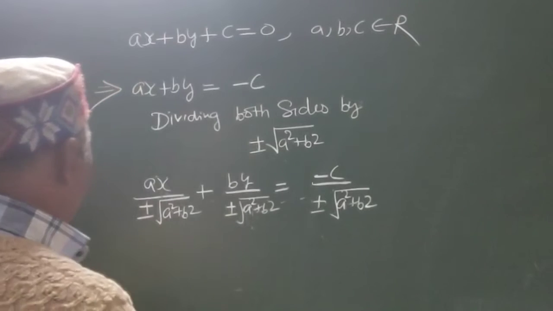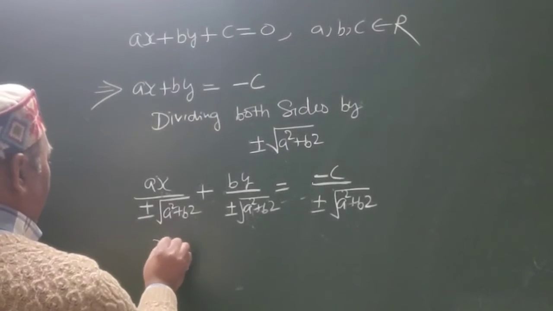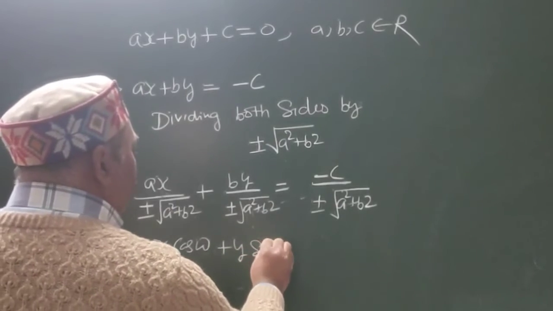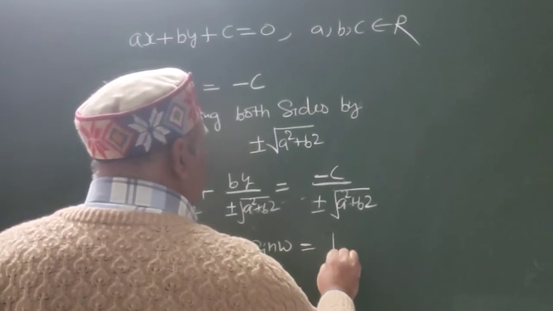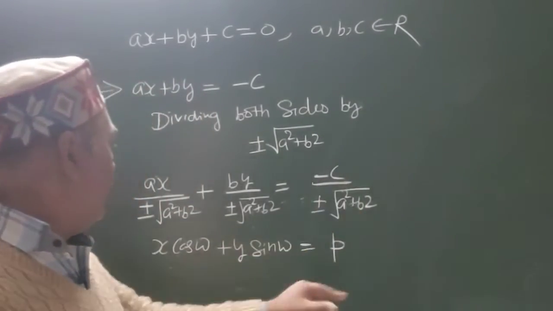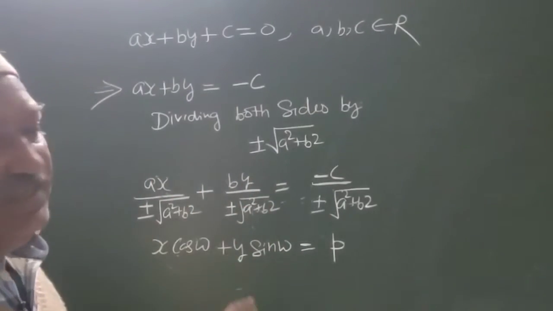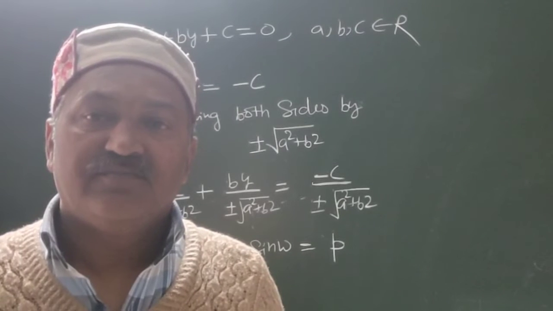And this is cos omega, which is of the form of x into cos omega plus y into sin omega is equal to p, where p is this and sin omega is this and cos omega is this. That's all. Now let us discuss one of the applications of this perpendicular form.